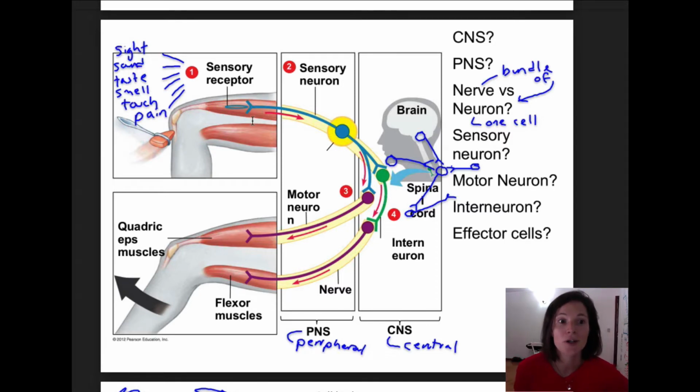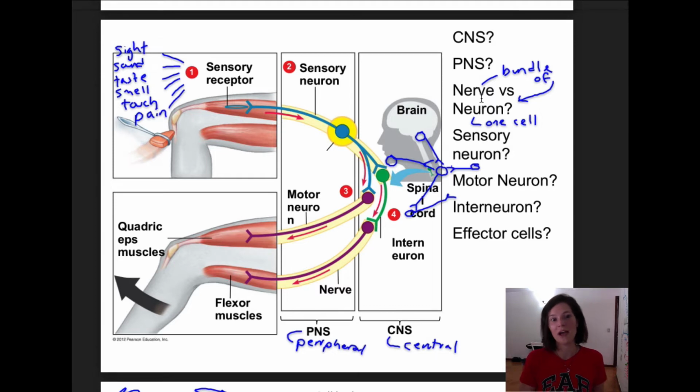So, big picture about neurons. A neuron is a cell, like one cell, and nerves are bundles of neurons. Neurons are often long and thin cells, and some of them can be over a meter in length.